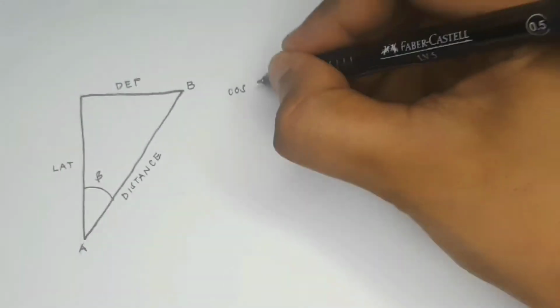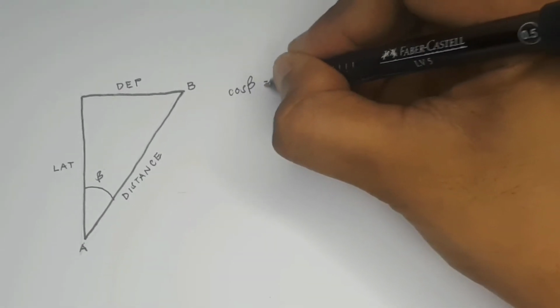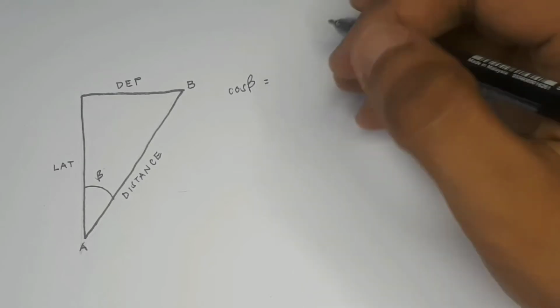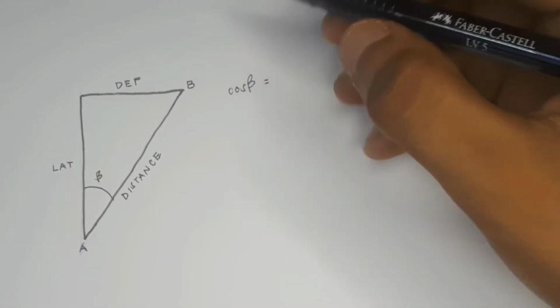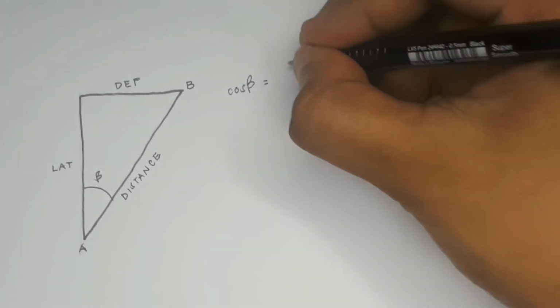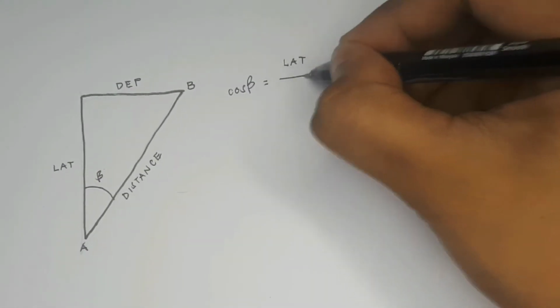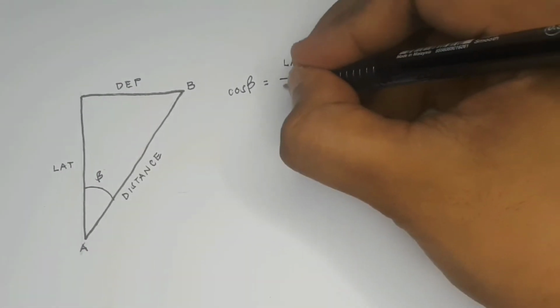Cosine of the bearing angle is equal to the adjacent, which is the latitude, over the hypotenuse, which is the distance.